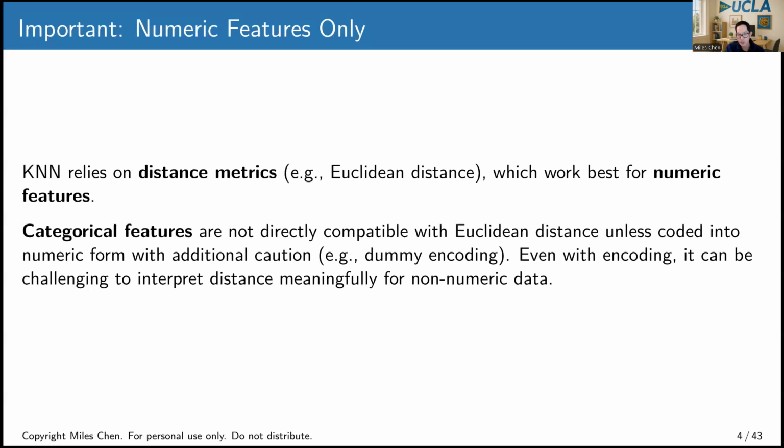If you have categorical variables, it is possible to code them into zeros and ones, but it's just not going to work as well. There are a lot of questions on whether it's accurate to encode these as zeros and ones, because everything that's a yes gets encoded as a one, and what exactly does that distance represent? That's a challenge. So really, it works best for numeric features only.